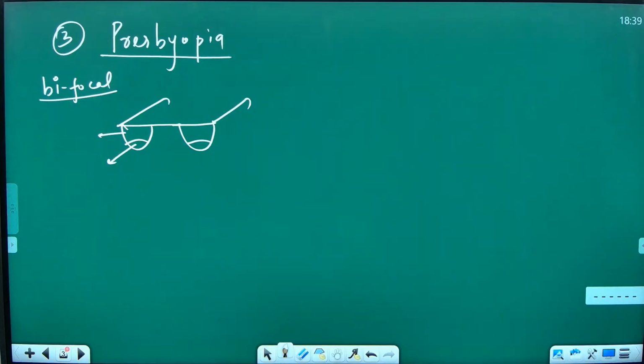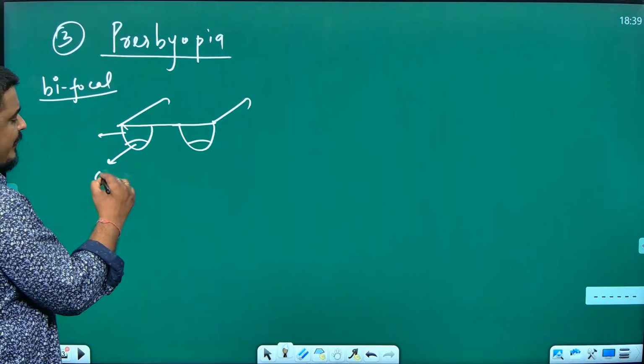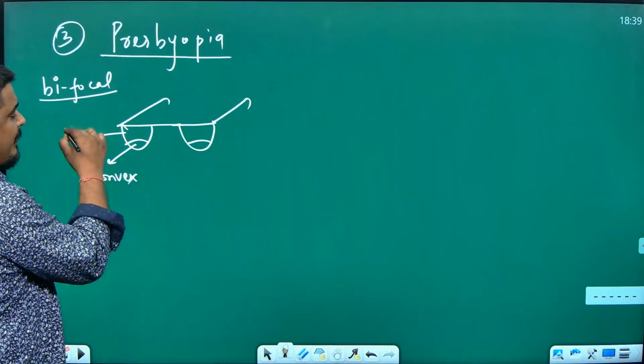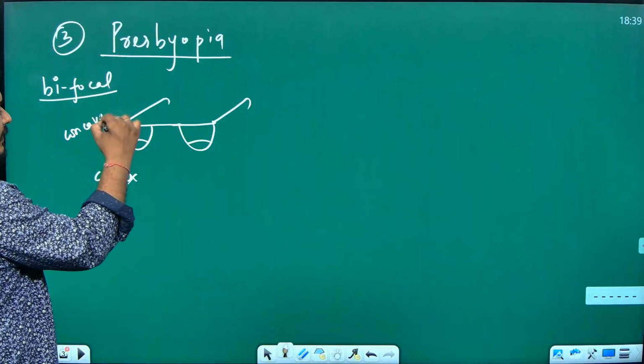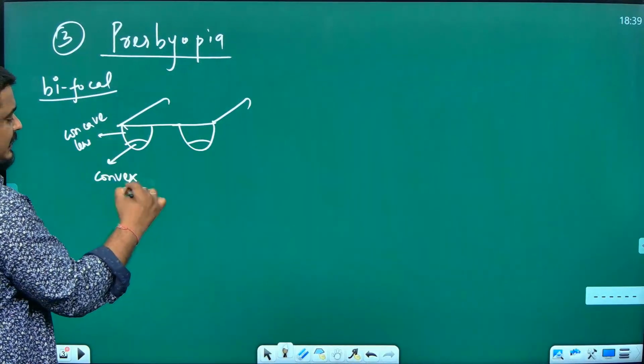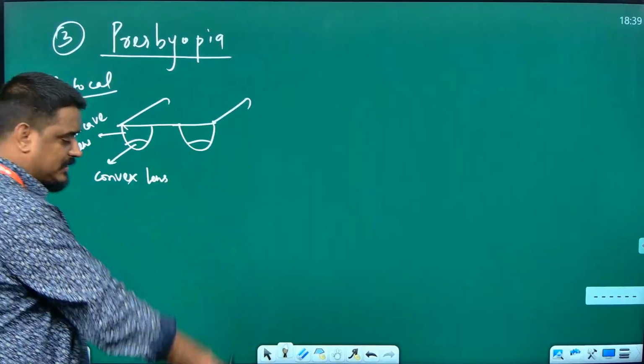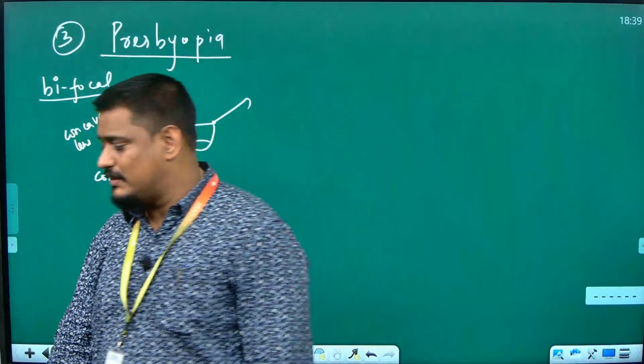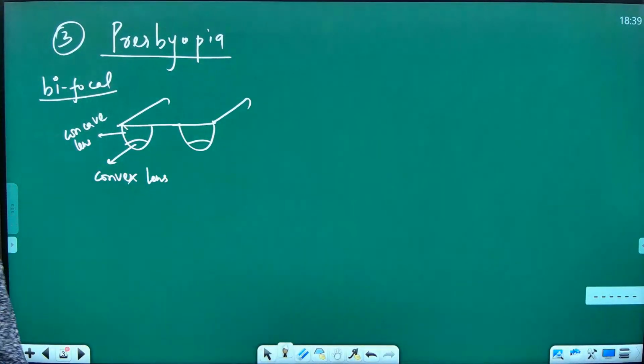Why? Because down only we will use for reading the near object, so it will be a convex lens. And above will be a concave lens. Remember that. In the case of presbyopia, we are using a lens which is convex down and concave above. Clear?